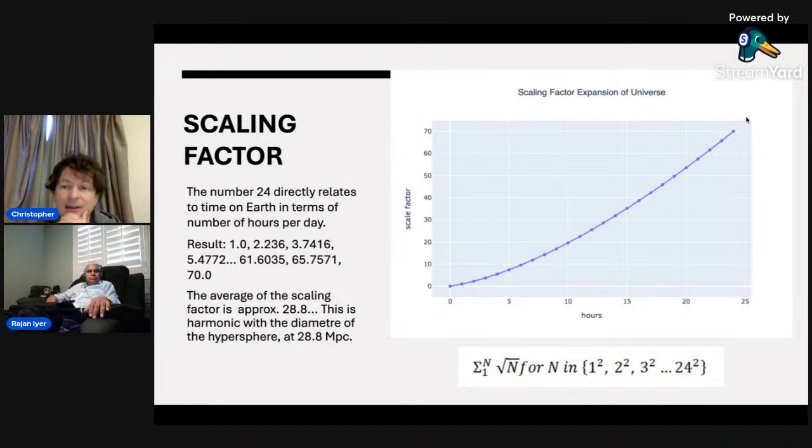So that is the scaling factor of the universe. The average of this scaling factor is approximately 28.8, which is a harmonic of the diameter of the hypersphere at 28.8 megaparsecs. That's an interesting feature of the scaling factor.